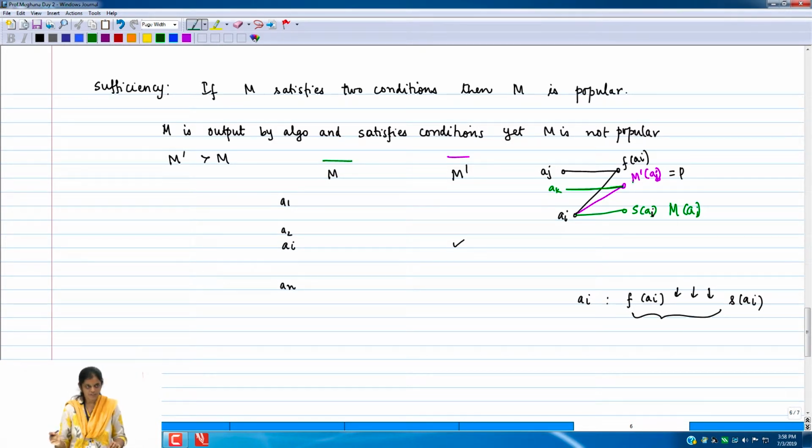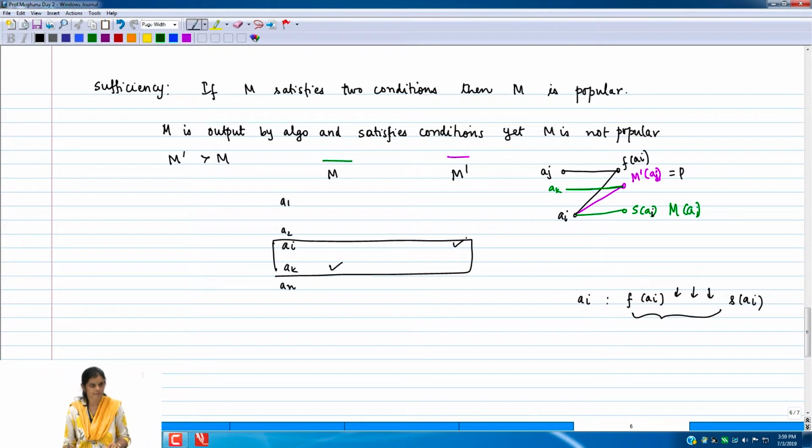So you are correct that we should try to find some applicant that is matched to its first post and gives a vote, but it cannot be this one, because these two people could be matched in M and M prime in the same way. But we know that M prime of AI, which is equal to P, is matched differently in M and M prime, and therefore this is a unique applicant AK which gives its vote for M versus M prime, and these two together compensate each other.